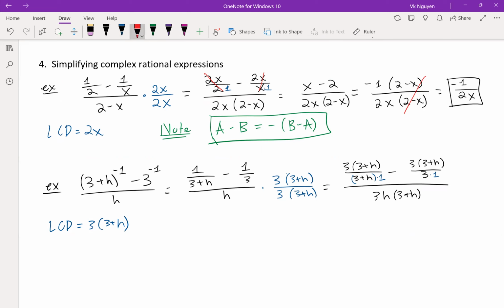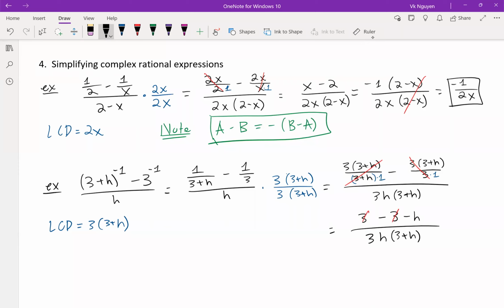Oh, we have common factor. Get rid of the common factor. On the top, we have 3 minus, you can distribute a -1, minus 3 minus h. On the bottom, 3h, 3 plus h. 3 minus 3 is gone.